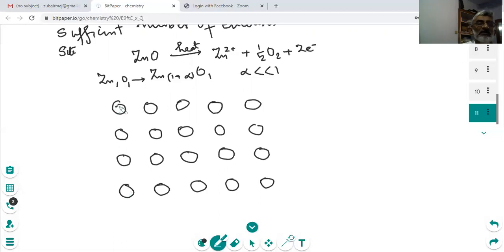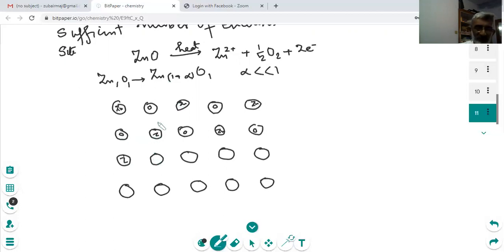Remember that here is oxygen, here is zinc, oxygen, zinc, oxygen, zinc, oxygen, zinc. This is the usual structure.